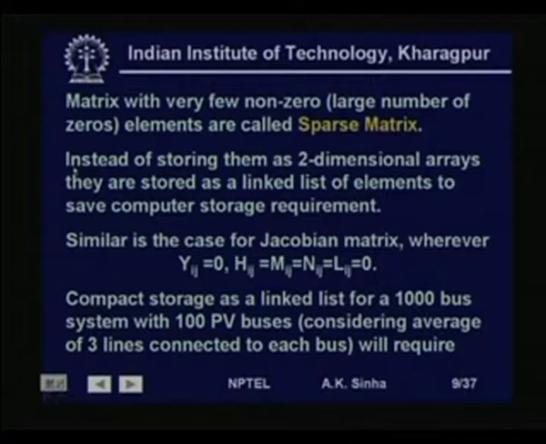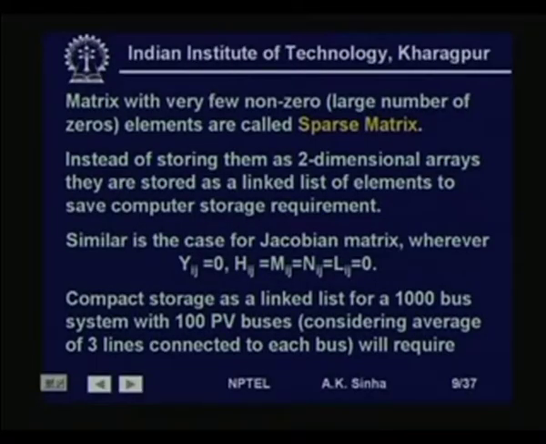Now, if we store this matrix as a two dimensional array, that is having elements a i j in a matrix of 1000 rows and 1000 columns for a 1000 bus system, we store these non-zero elements only. The zero elements are not stored, but if we need to store only non-zero elements, we need to know which elements of the matrix are non-zeros.